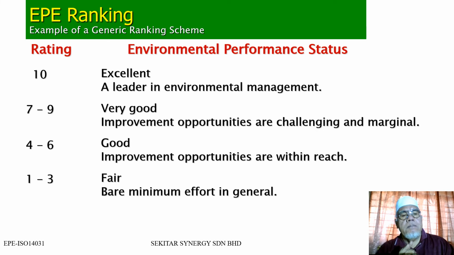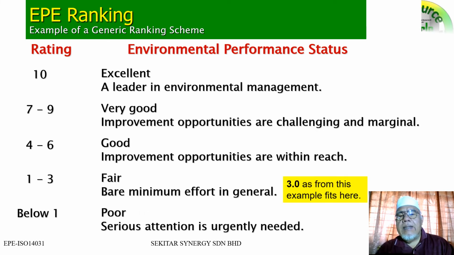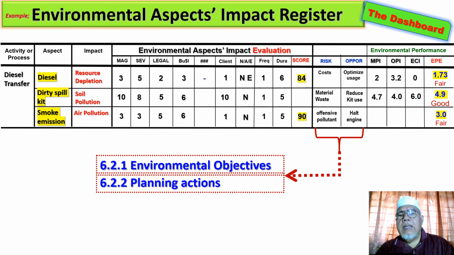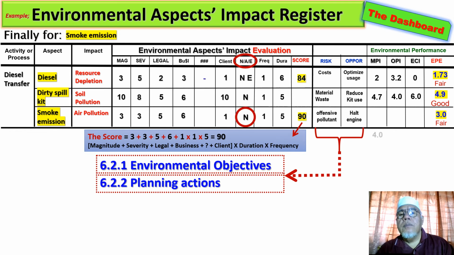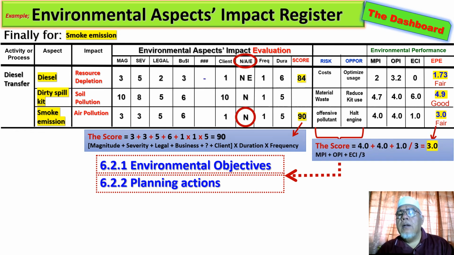Apparently, we will look into the dashboard again, and as what we have here, they score 3. All right, there you are, the scoring is there. Here, 3, which is just fair.